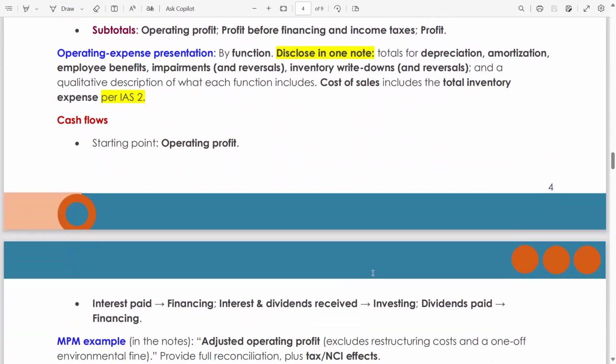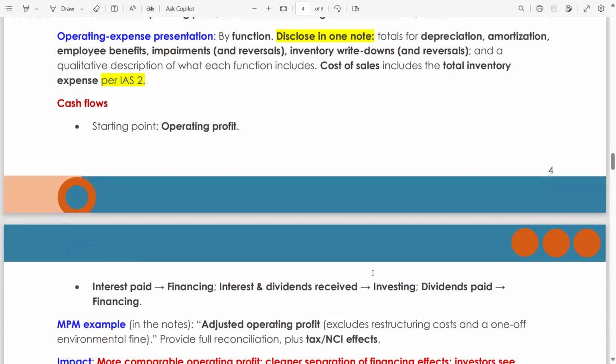Now, operating expense presentation by function, with disclosure in the notes: totals for depreciation, amortization, employee benefit, impairment and reversals, inventory write-down, and a qualitative description of what each function includes. Cost of sales includes the total inventory expense per IAS 2. Cash flows: starting point is operating profit.